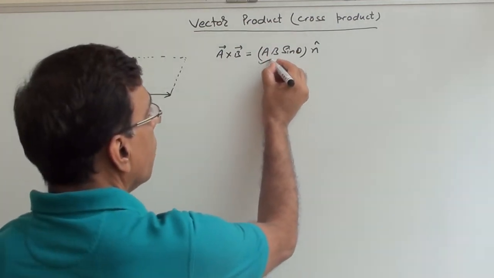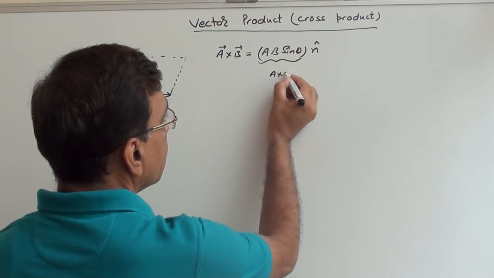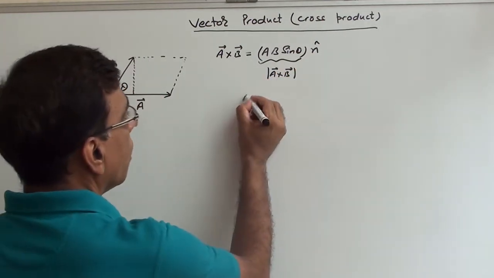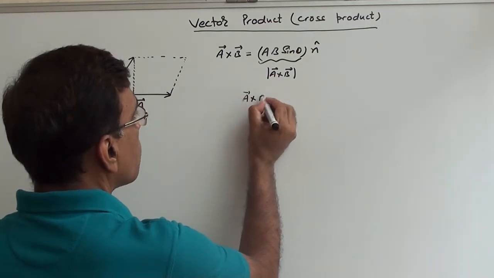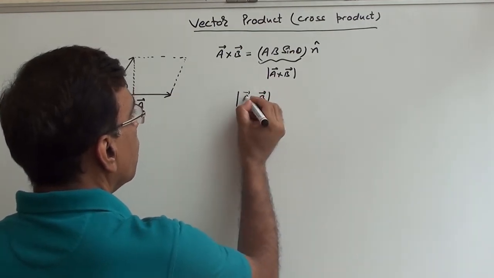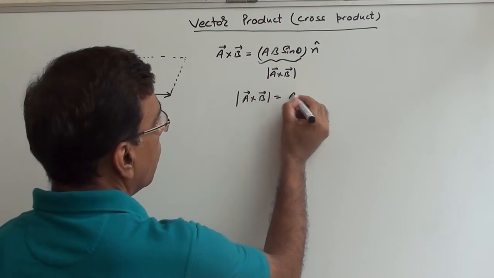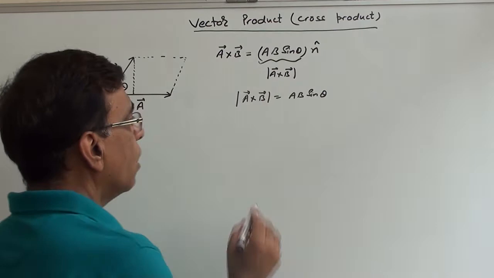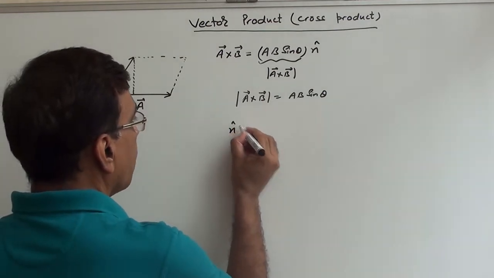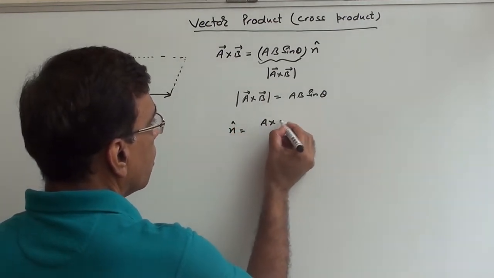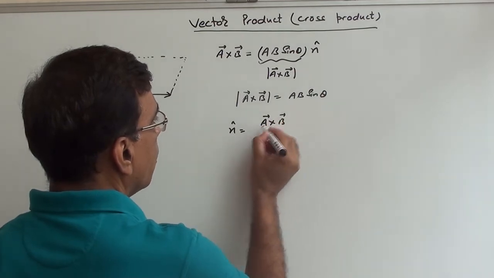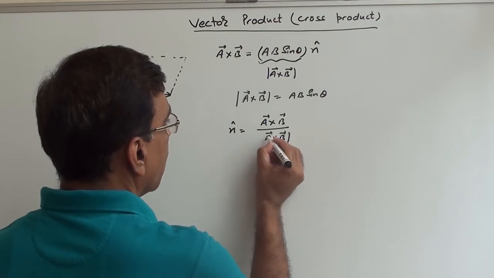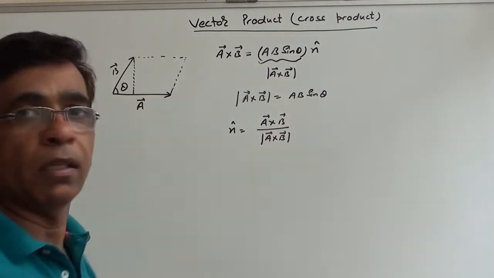It can also be written as the magnitude of A cross B is AB sin theta, but A cross B is AB sin theta n cap. So n cap is A cross B divided by the magnitude of A cross B, which is AB sin theta.